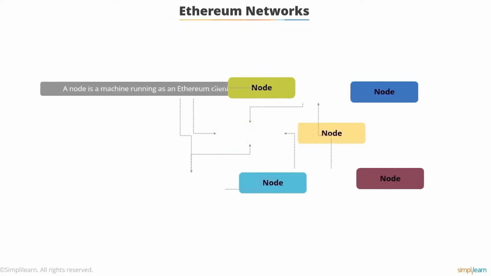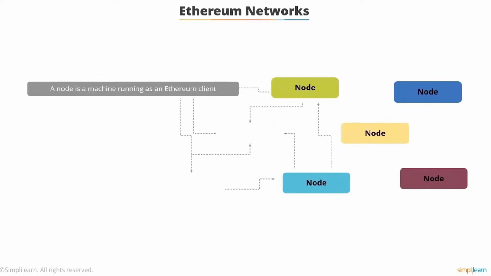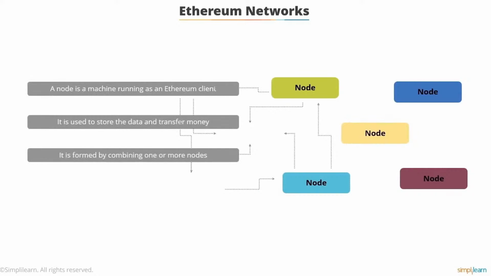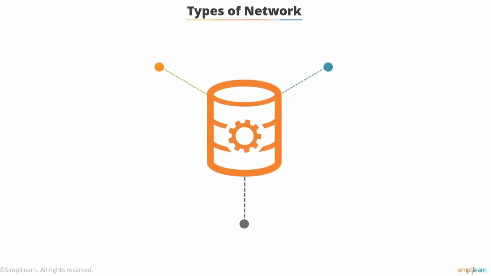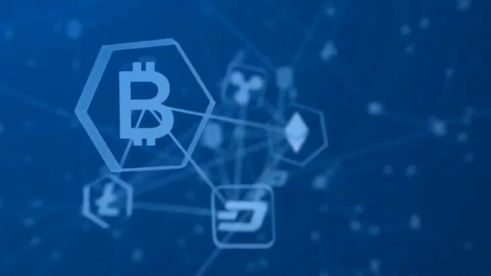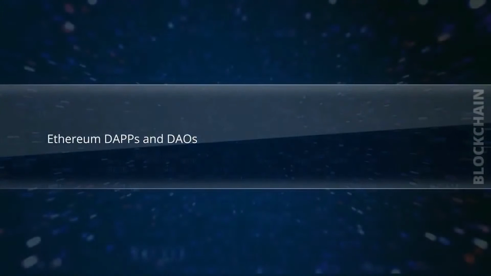Thus, a node serves as a machine running as an Ethereum client. It is used to store the data and transfer money. A network is formed by combining one or more nodes, and each node contains a copy of the blockchain. Types of network. There are three main types of networks: the testnet, the mainnet, and the private network. Ethereum dApps and DAOs.